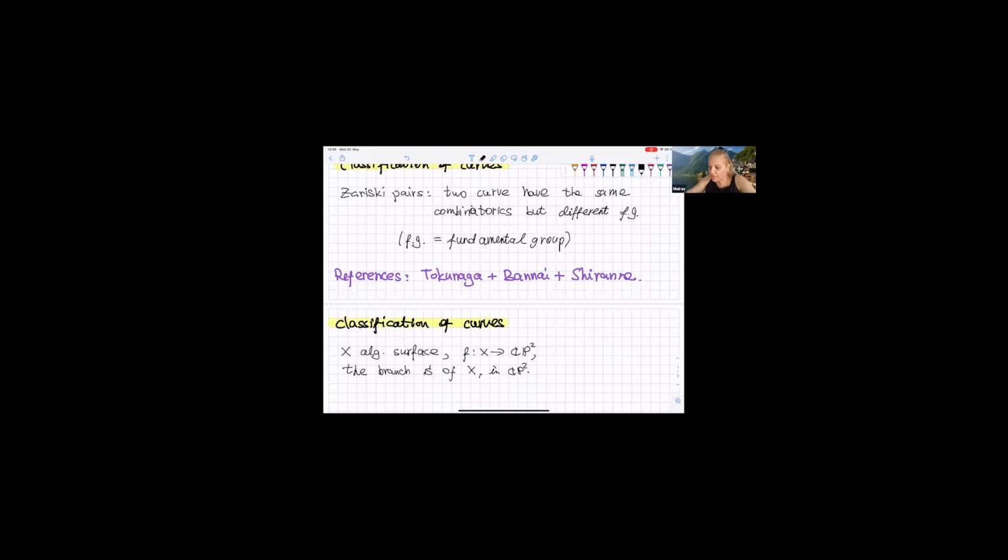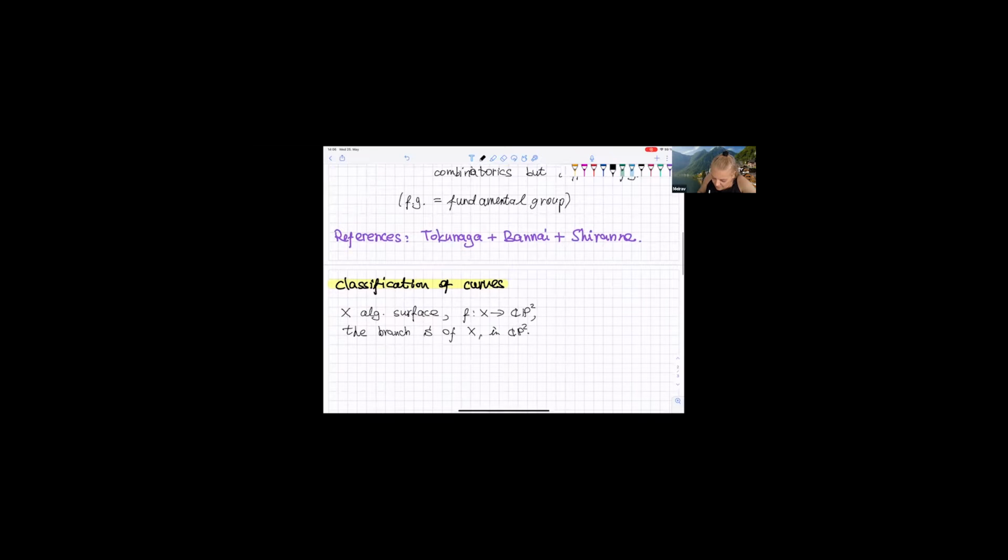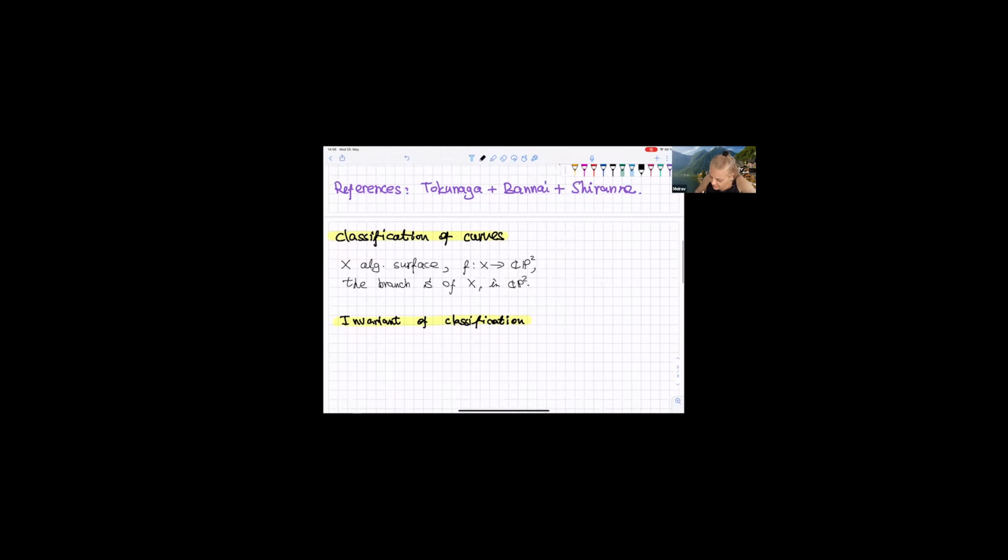Now, a very good invariant of classification is the group G. I will denote it right away. This is G. The fundamental group of the complement of S in CP square.